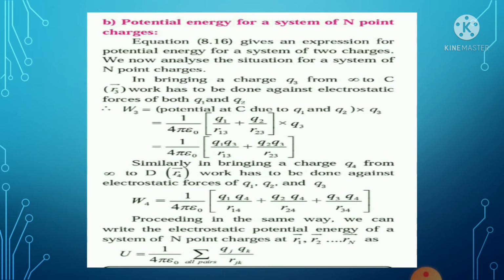This is the general equation for n point charges of the system, and this is the required expression for the potential energy for a system of n point charges.